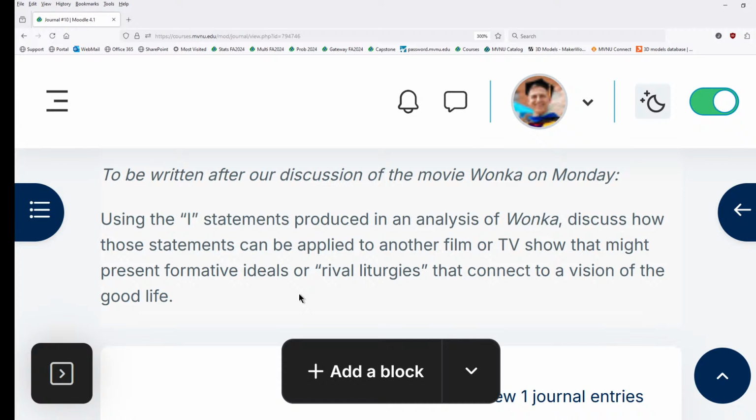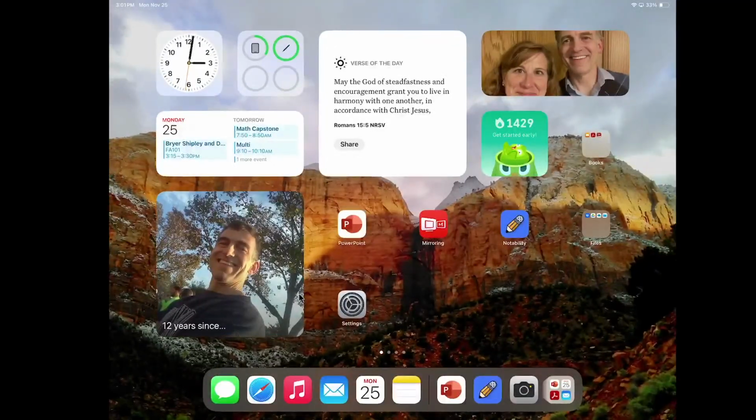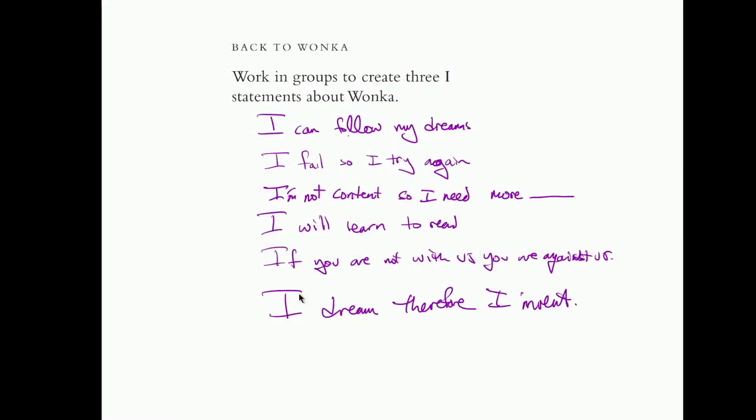So, what I might do is ask the question, how does that TV show do some of the things that we have here? Like, I can follow my dreams, not so much in that. I fail, so I try again. That sort of is something that is talked about. I'm not content, so I need more of something. Not really with that particular TV show.